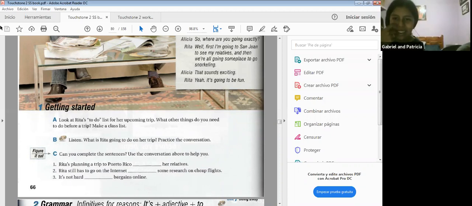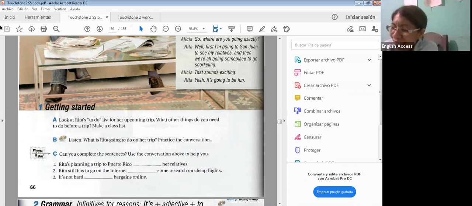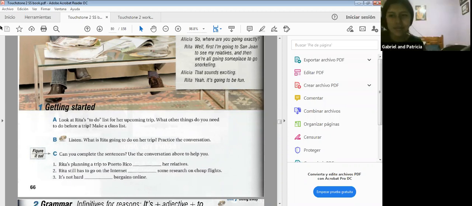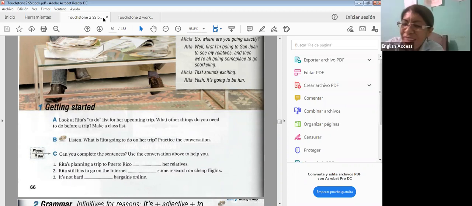Teacher, what is bargains, like cheap or what? Bargain. Okay, well, let's imagine that we're at the market, you know, that street, Vallarta Street.